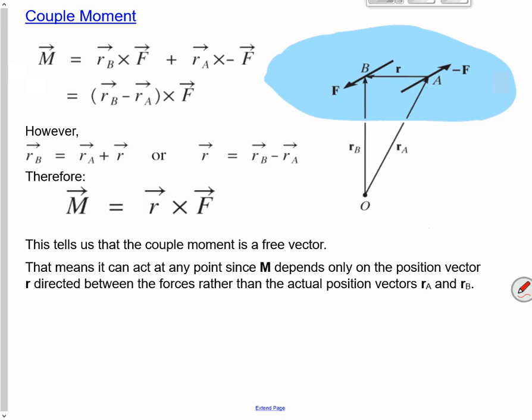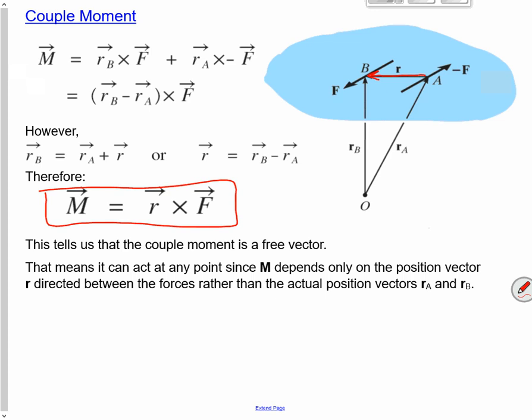Write one of the forces as a vector, and then draw a vector that points from the line of action of one force to the line of action of the other force. And I use that for my R. So that's what this is saying here, that this is R cross F, here's R. It doesn't have anything to do with the point O. So I can calculate the moment about any point I want, but it doesn't depend on where that point is.